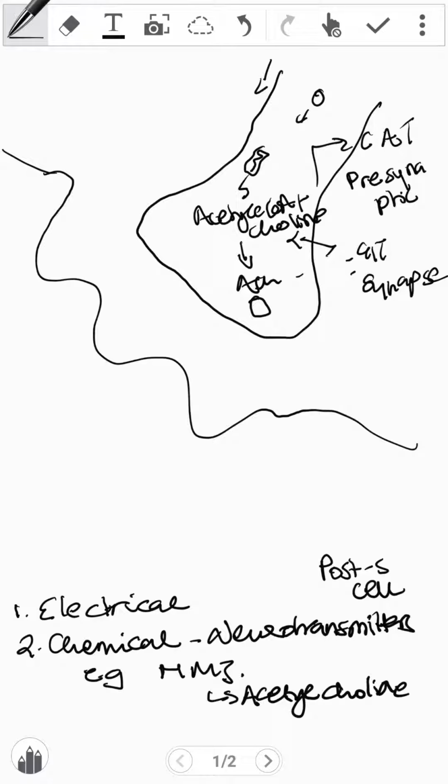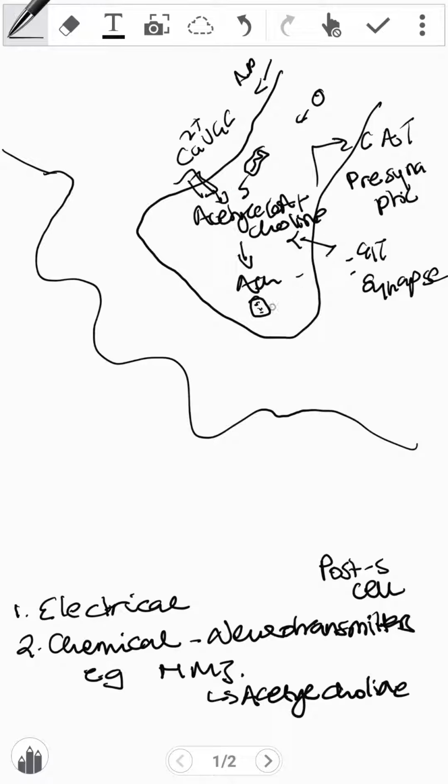Once you have our ACh in our vesicle, we need the impulse in order to release it. The impulse that is coming, the action potential, or the wave of depolarization and repolarization, is going to activate the calcium voltage-gated channels.